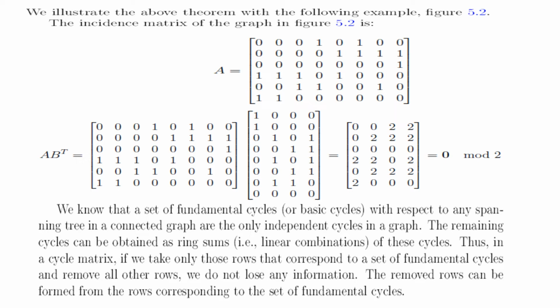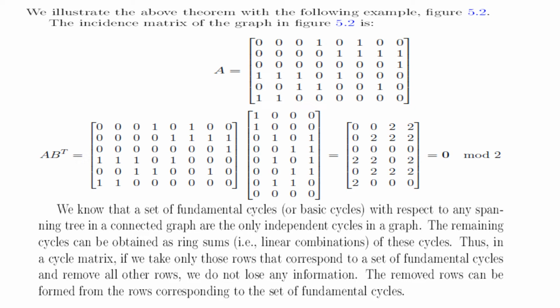Then A into B transpose is equal to the resultant matrix: first row 0 0 2 2, second row 0 2 2 2, third row 0 0 0 0, fourth row 2 2 0 2, fifth row 0 2 2 2, sixth row 2 0 0 0, which is congruent to 0 modulo 2. That is the remainder when each entry is divided by 2, that is the value congruent to 0 mod 2.